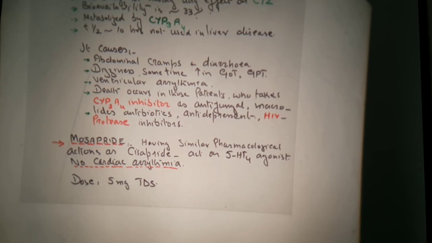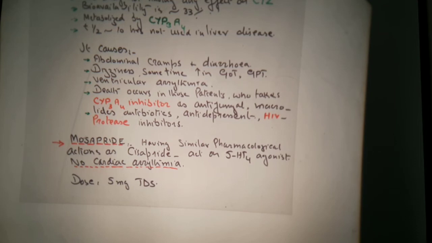Death occurs in those patients who take CYP3A4 inhibitors such as antifungals, macrolide antibiotics, antidepressants, HIV protease inhibitors, because these inhibitors inhibit the enzyme. So that's why when enzyme inhibitors are used by the patient, this drug should not be given to those patients because they may cause the death of the patient.